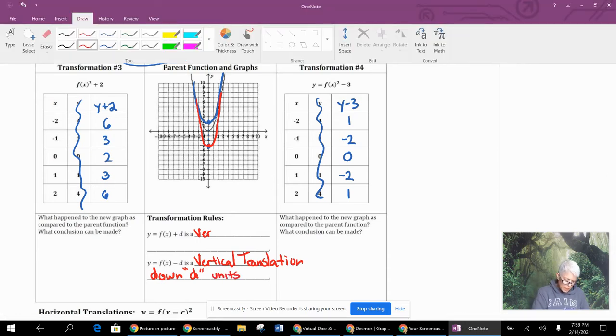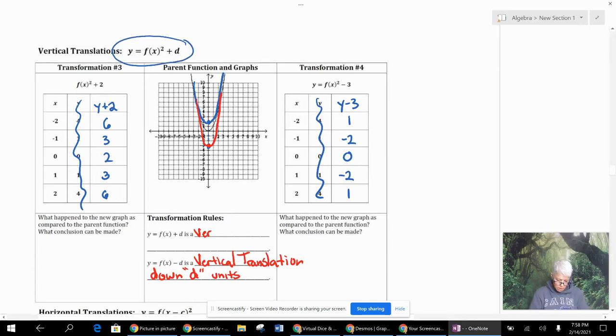I'm going to go ahead and change the color of my ink back to blue. And this first one's a vertical translation up D units.